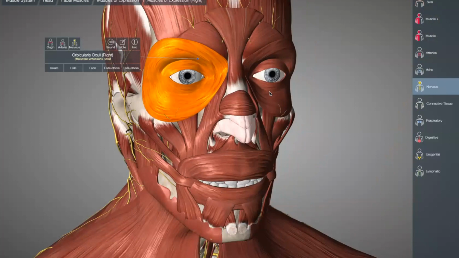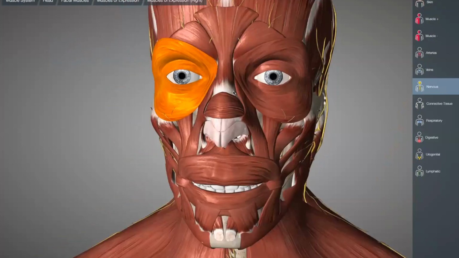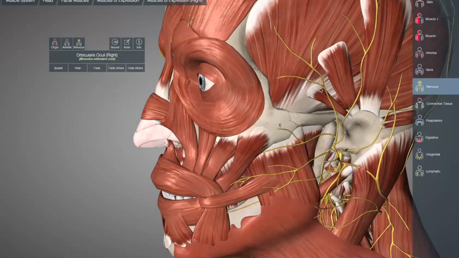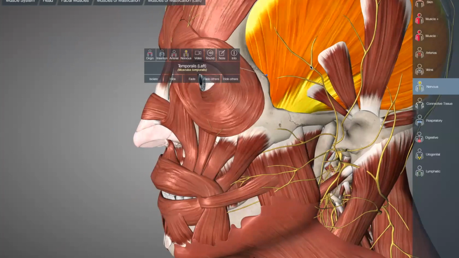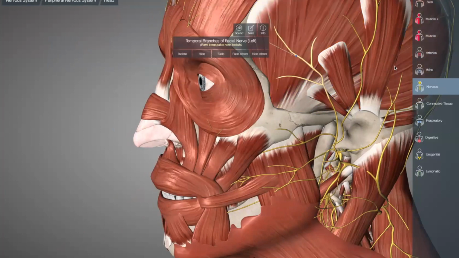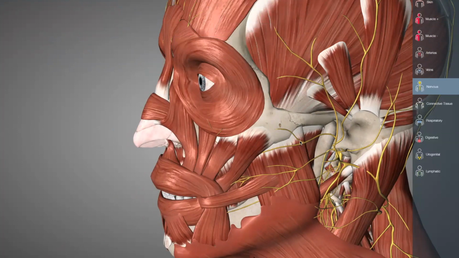Lacrimal is used to drain the tears. Palpebral is used to close the eye gently. It's innervated by the temporal branch of the facial nerve, and the zygomatic branch of the facial nerve.